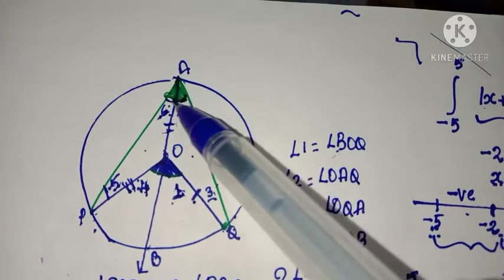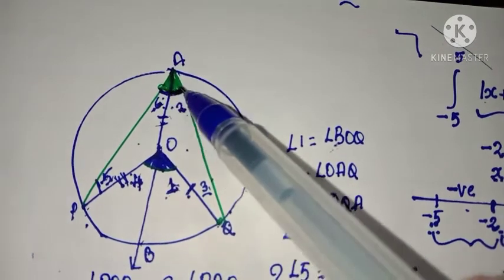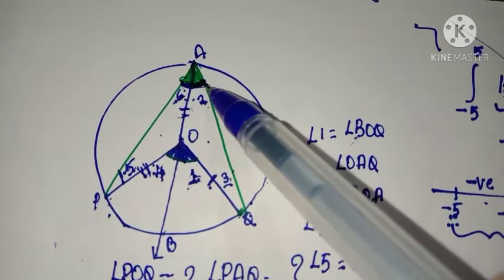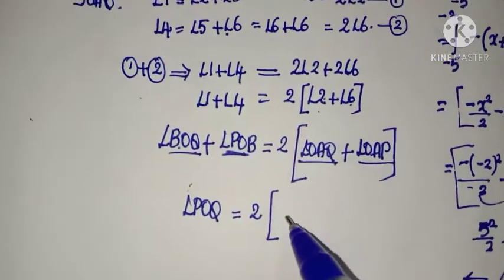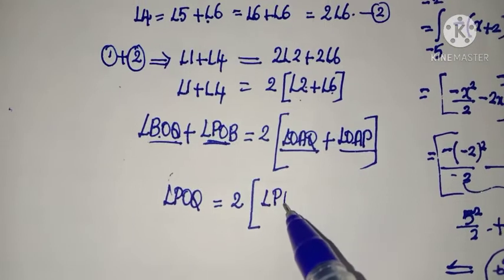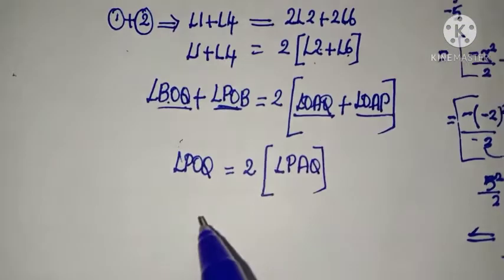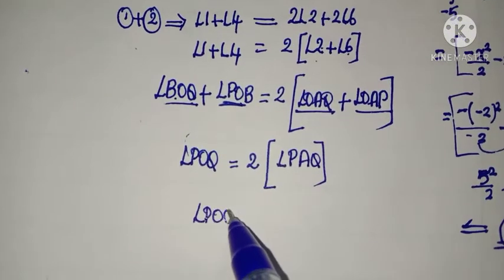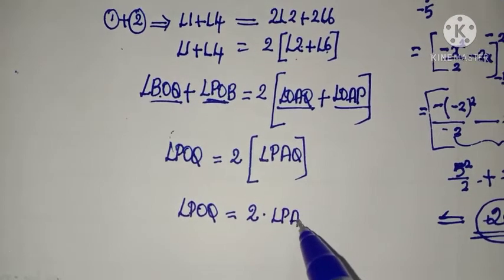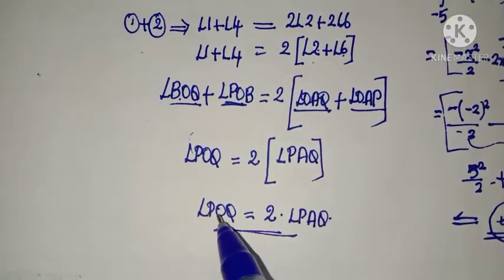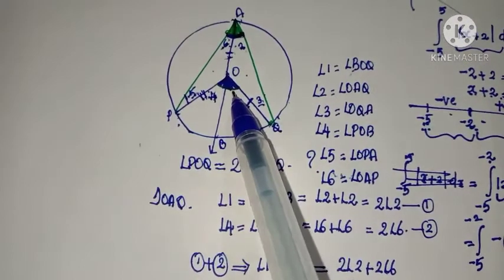If we combine these two angles, we get this angle. Name the angle. What is it? PAQ. So, 2 into angle PAQ. So, angle POQ is equal to 2 into angle PAQ. So, POQ means the central angle.